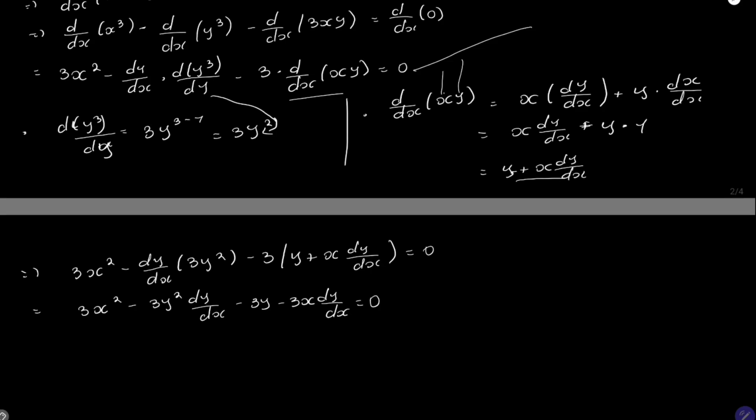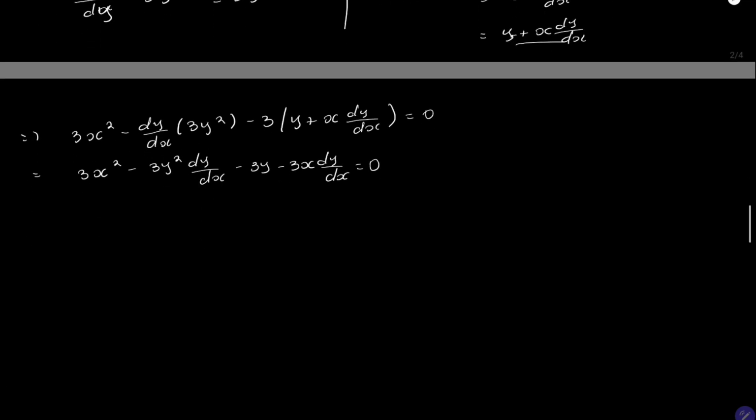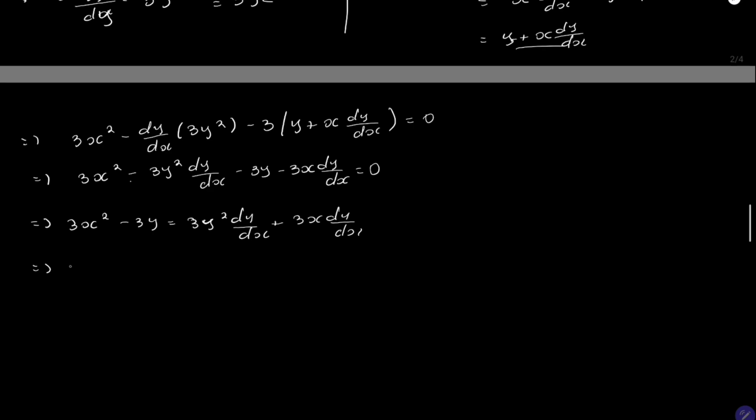So our next step then is to make dy on dx the subject of the formula. How can this be done? We move the terms without dy on dx to the other side, leaving us with 3x squared minus 3y. The other terms become positive: 3y squared dy on dx plus 3x dy on dx. Now we factorize out dy on dx, right?